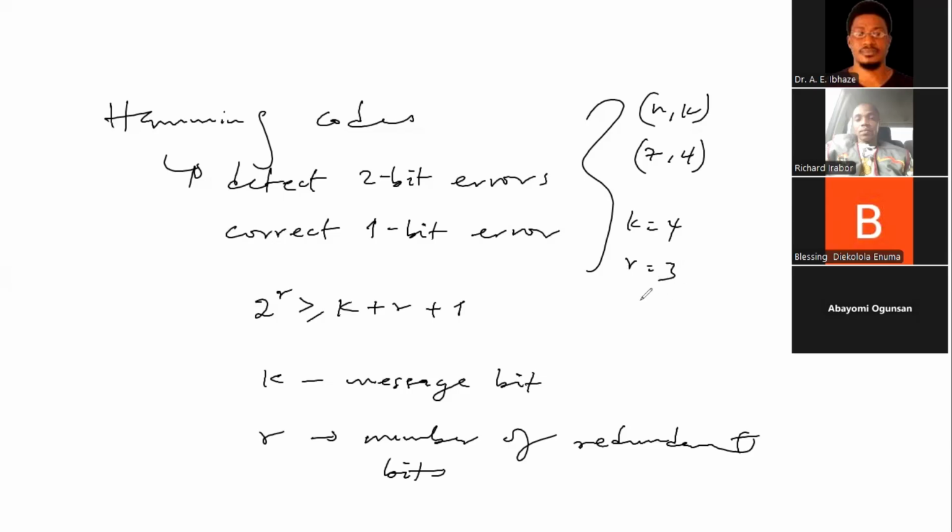And we know that this can correct 1 bit error and can detect 2 bit errors. Well, we'll provide details as we progress. So let's consider this as a general overview of what channel coding is all about.